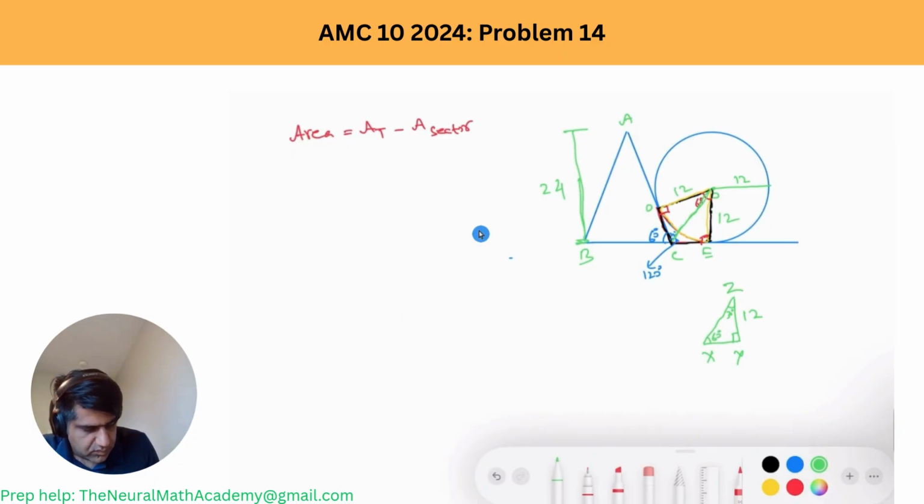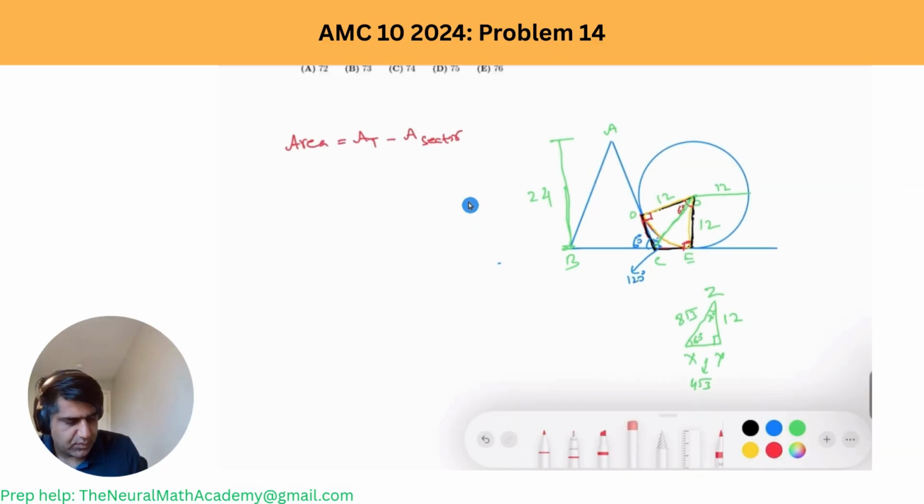So this dimension would be then 4 square root 3, and this is 8 square root 3, right? And simply twice the area of this triangle. That means I have 2 times 1 over 2 times 12 times 4 square root of 3, right?